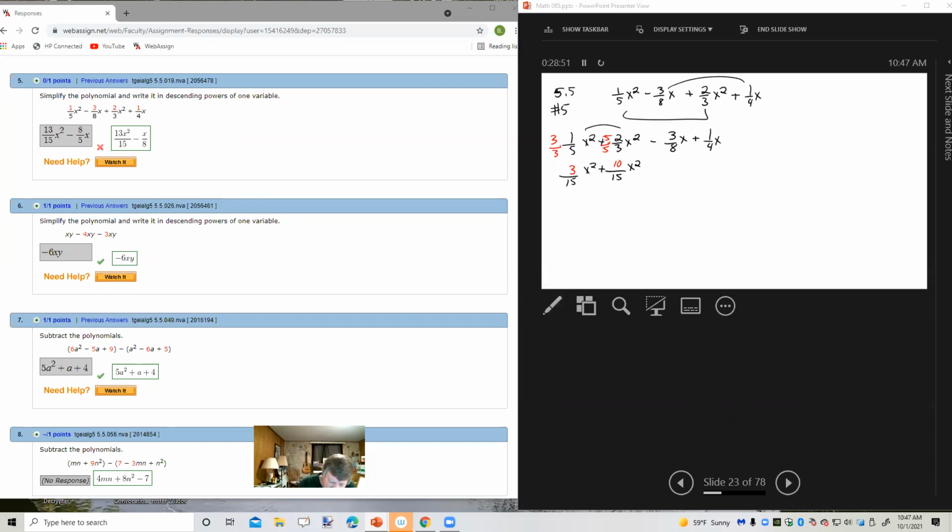3/15 plus 10/15 is 13/15 x squared. Okay. Now, I want to combine these two like terms. Negative 3/8 plus 1/4, common denominator there would be 8.